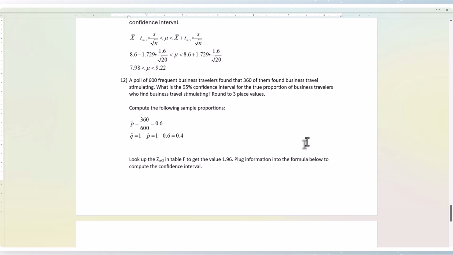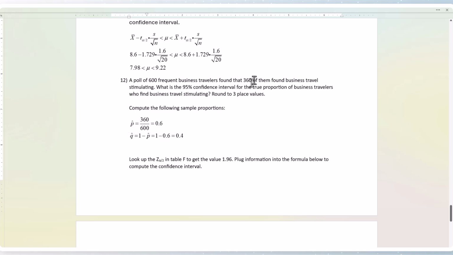Number 12 is asking us to find a confidence interval for the true proportion. It states a poll of 600 frequent business travelers found that 360 of them found business travel stimulating. What is the 95% confidence interval for the true proportion? First step, we have to compute the sample proportion.